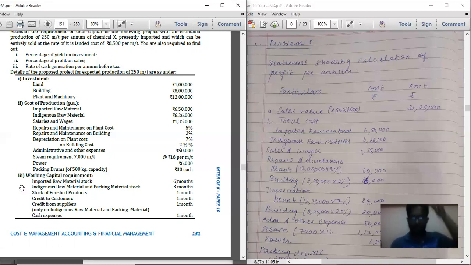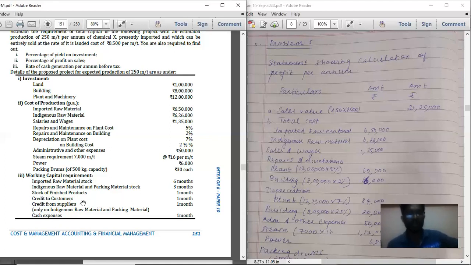And point number 3, working capital requirement. What are the different time periods for the current assets and liabilities? Imported raw material stock should be maintained for 6 months. That is 6 months of stock should be readily available in the closing stock. Next, indigenous raw material and packing material stock 3 months. Stock of finished products 1 month.